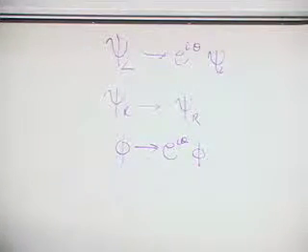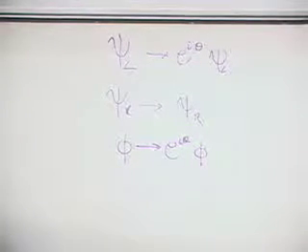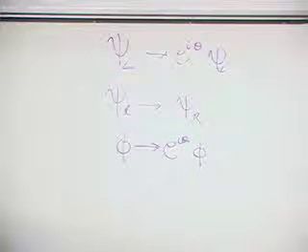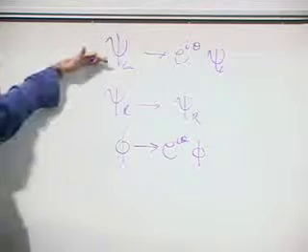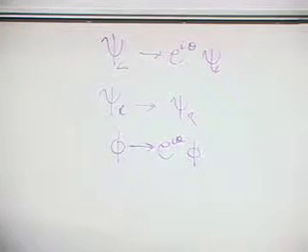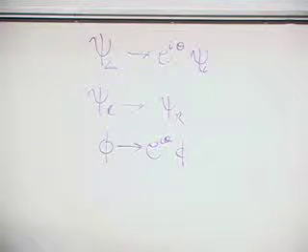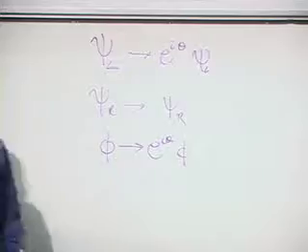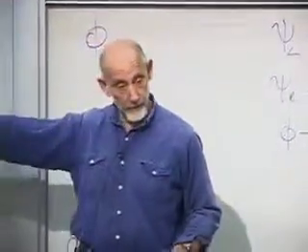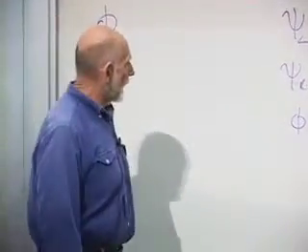Okay, now let's come back to the Dirac equation over here. Clearly, the equation as it stands is not invariant under this operation. The left-hand side of the top equation does not transform. The right-hand side does transform. Same thing with the lower equation, except opposite. But now let's play a trick.